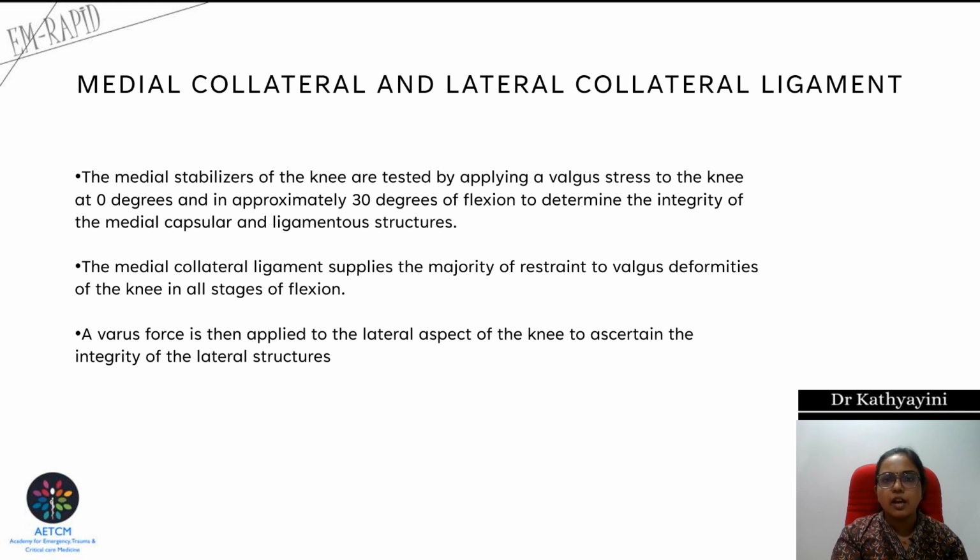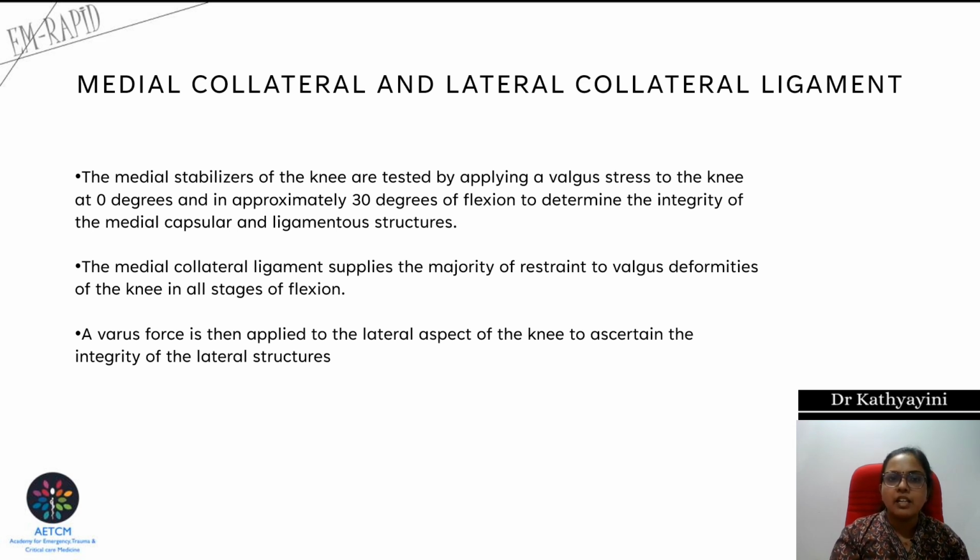So here we have the medial collateral and lateral collateral ligament injury. The medial stabilizers of the knee are tested by applying a valgus stress to the knee at 0 degrees and in approximately 30 degrees of flexion to determine the integrity of the medial capsular and ligamentous structures. So the medial ligaments are stressed by the valgus stress test.